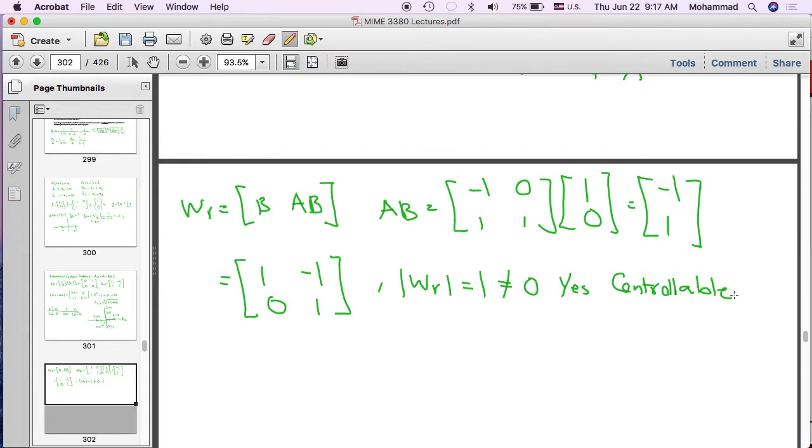Which means through state feedback, you can place the poles of this system anywhere on the complex plane that you want. It's possible to do it. That's the meaning of controllability.